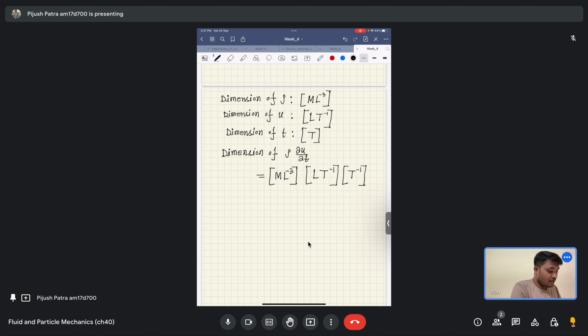There is a 1 by t, so it is t to the power minus 1. Am I right?